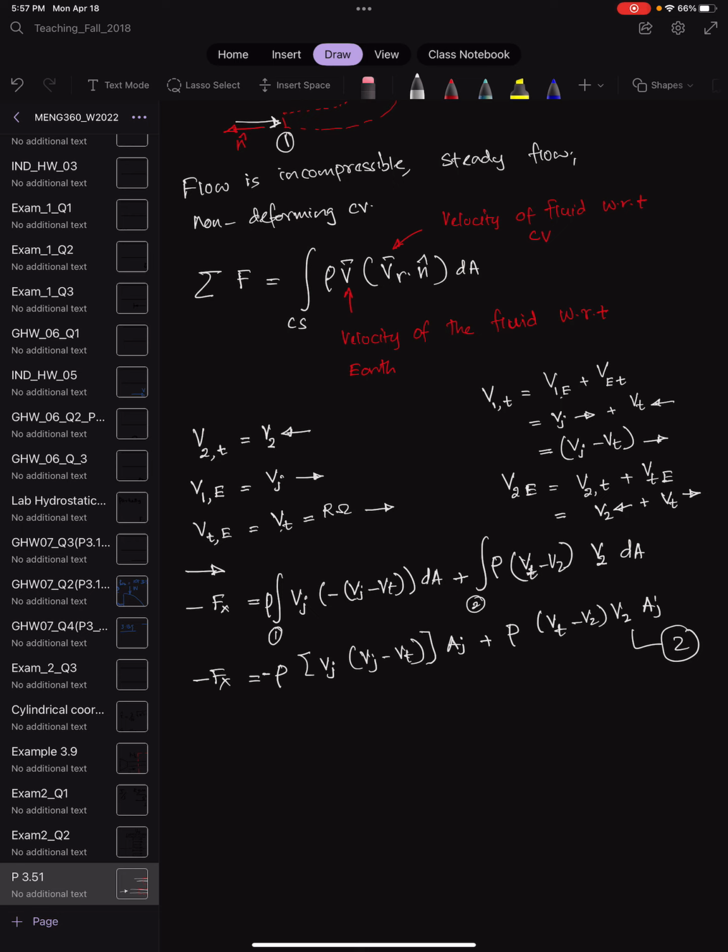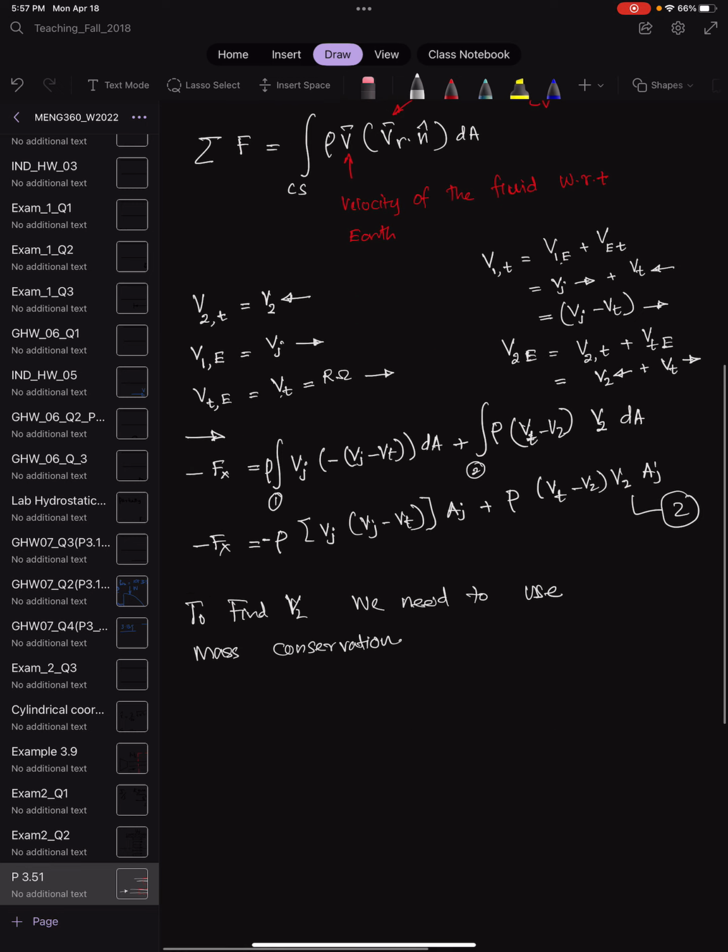To find V2, we need to use mass conservation.